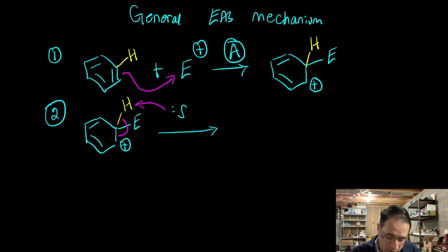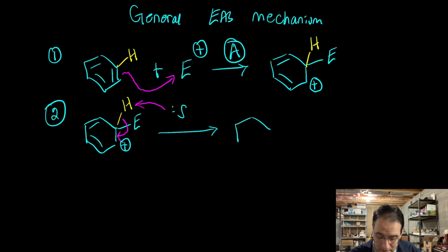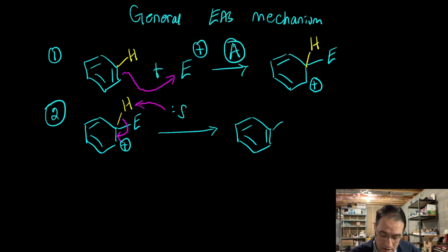The lone pairs are going to attack the proton, and then those electrons that made the carbon-hydrogen bond create the carbon-carbon pi bond. So what you get at the end of this is your benzene or aromatic ring regenerated, and you have the electrophile now at the position where the hydrogen used to be.